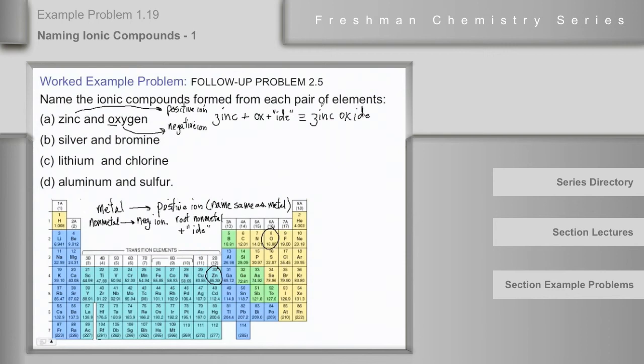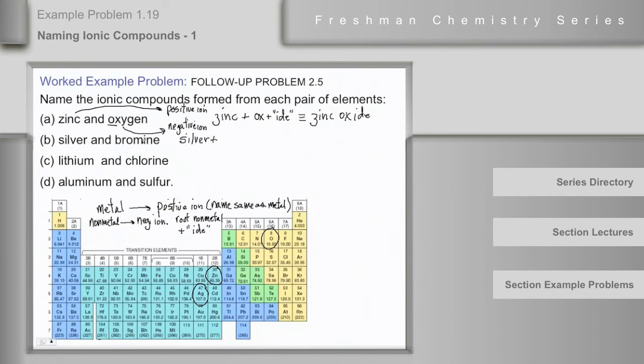We can do the same thing with the metal silver and its ionic compound with the nonmetal bromine. Silver is a metal. It's here in the transition elements or metals. And so the name of the ionic compound will be the name of the positive ion derived from silver and the negative ion derived from bromine. Silver produces the positive ion, so its name doesn't change.